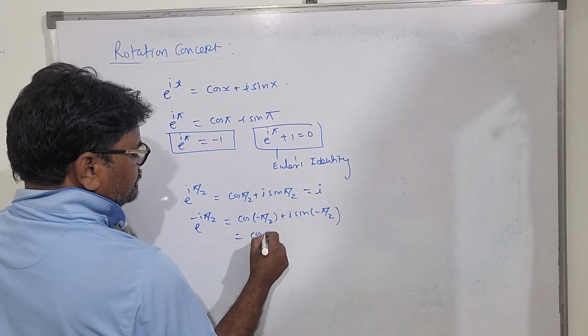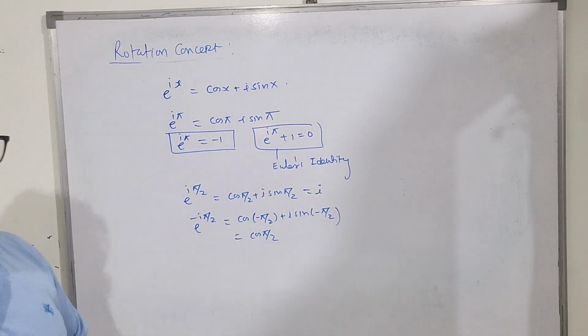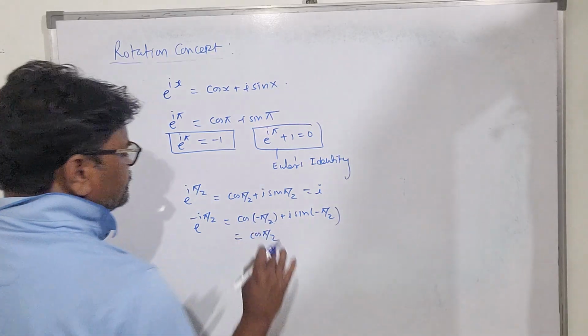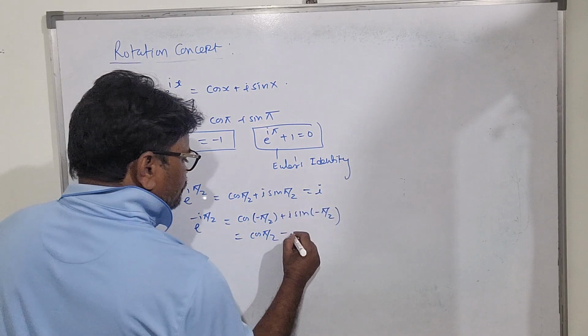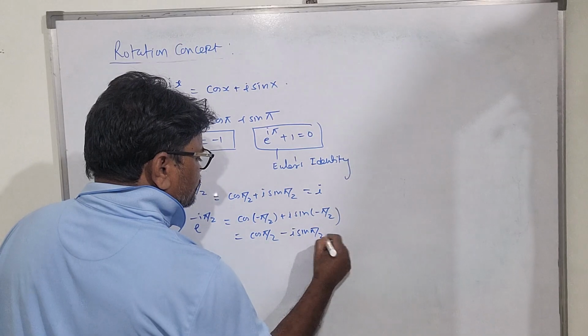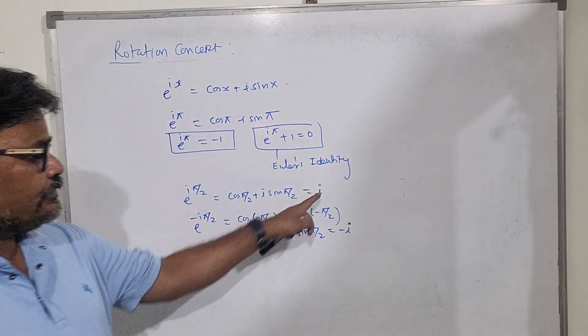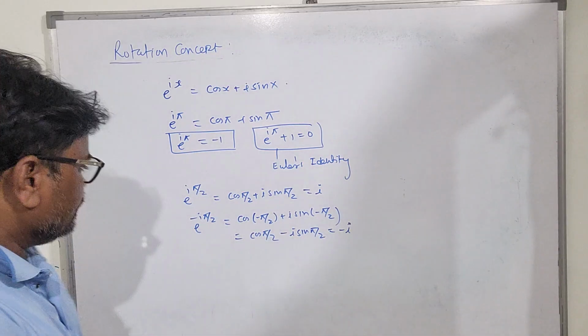Cos is an even function, so cos of minus of an angle is equal to cos of the angle only. And the minus will come out of the sine: minus iota sin pi by 2. So this becomes minus iota. So e to the power iota pi by 2 is iota, and e to the power minus iota pi by 2 is minus iota.